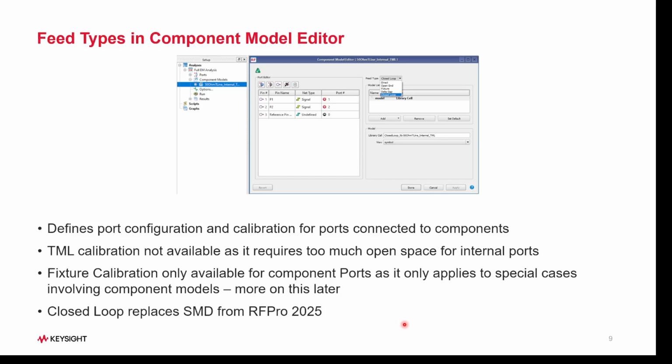The other place you can find this feed type selection is in the component model editor. When you add components to your RF Pro extraction, if you open each component, you have access to a window that allows you to decide which pins you want to use for defining where the component is attached, and also a list of feed types, very similar to the one we just saw.